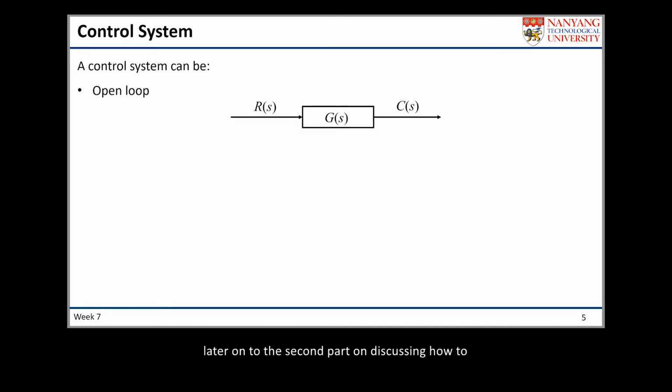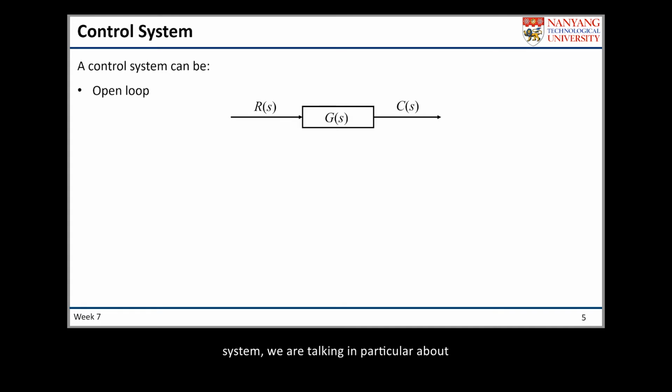Before you move later on to the second part on how to design controllers, in this very short topic, I will introduce to you how we link what we have learned on dynamic system to controller design, the thing that you are going to learn in the next part.